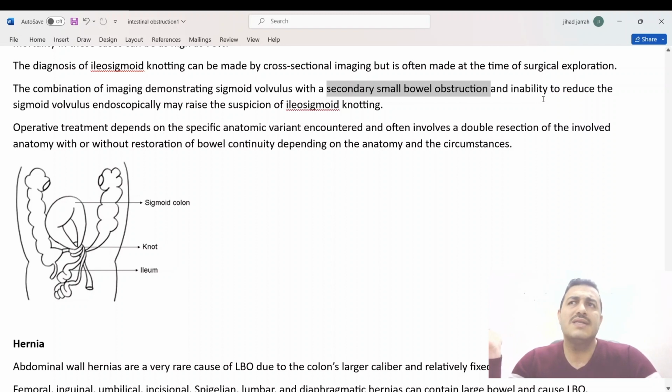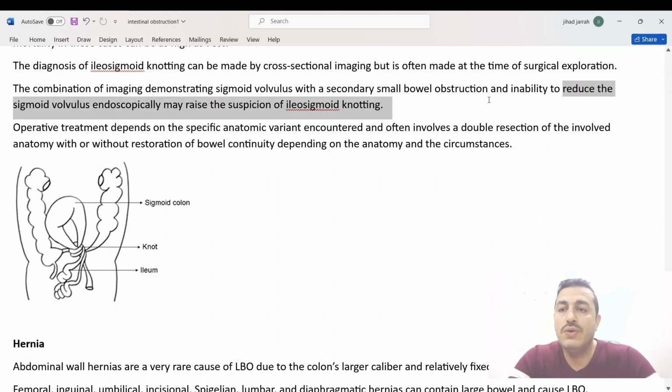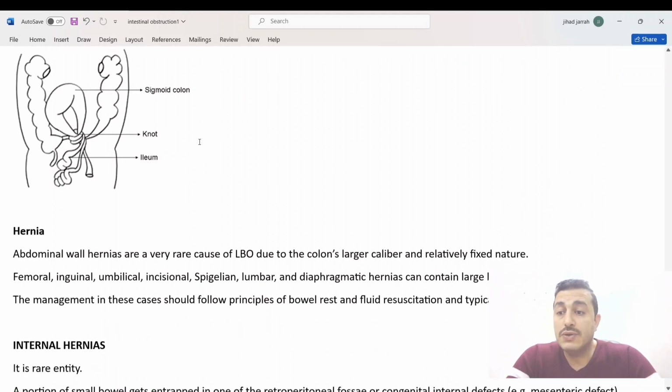We made our diagnosis as a sigmoid volvulus, we tried colonic decompression, but we failed. This will raise the suspicion of ileosigmoid knotting. Of course, the operation here is resectional, and preserving continuity or bringing out a stoma depends on the anatomy and the patient's circumstances. Okay, this is ileosigmoid knotting.